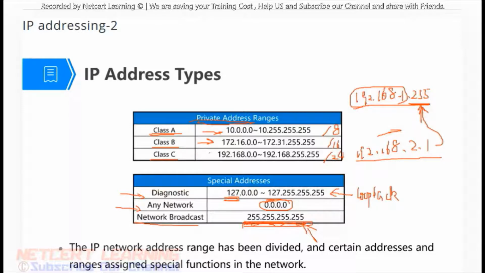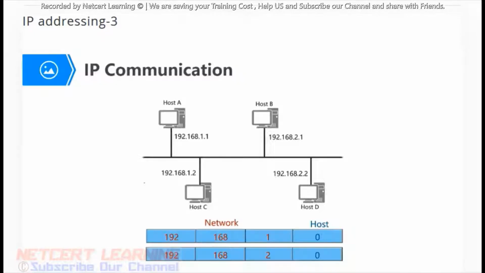This three-range address space is used for private use. That means you can configure it on your network that is separated from the internet.